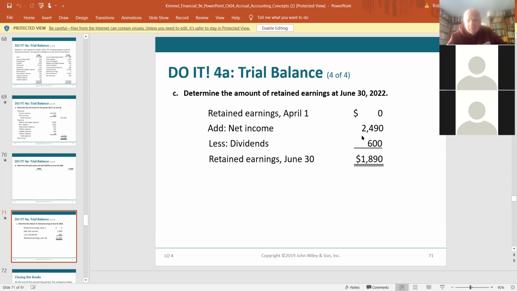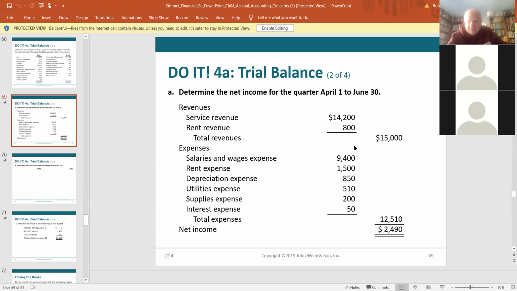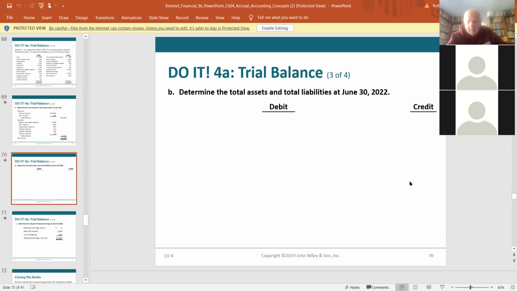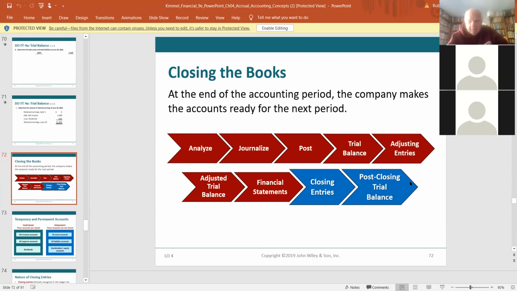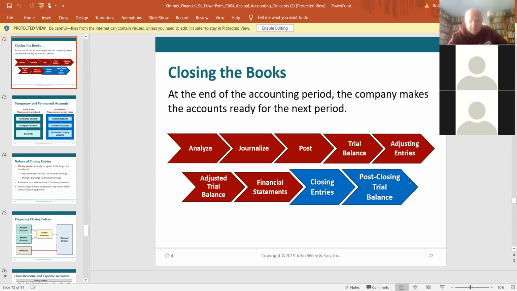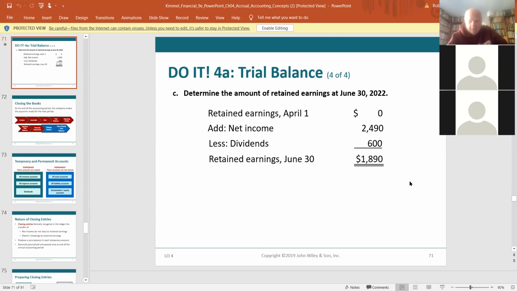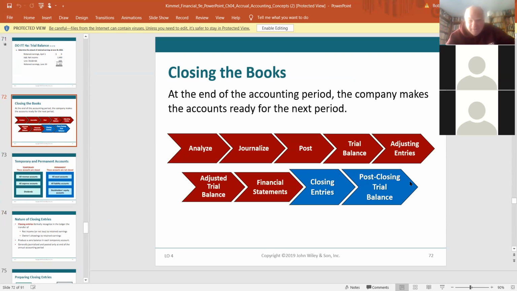You had income of 2,490, which you just did here. So all you're doing is pulling this number over, and you have retained earnings of 1,890 after you subtract the dividends. Now that we have the 1,890, it's rather easy to do the balance sheet. In fact, it's so easy they're not asking us to do it. Okay, so let's just continue now.